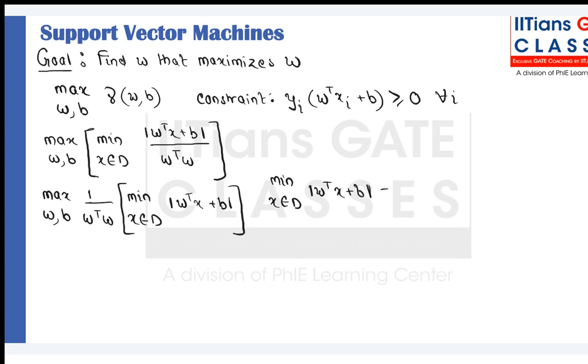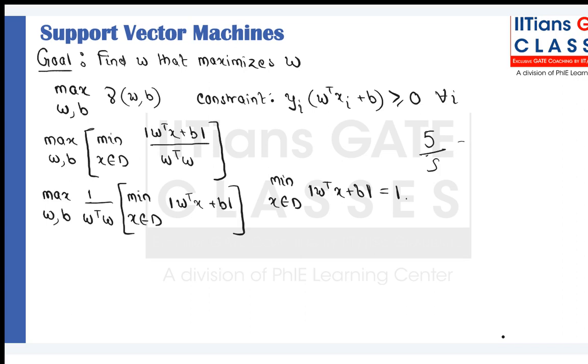Now you might be thinking, why can I do this? See, W transpose X plus B is just a value. Let's say the value is 1000, that's the minimum value. I can just divide it by 1000 and say it is 1. Or if you tell me the minimum is 5, you can divide it by 5 and claim it is 1.